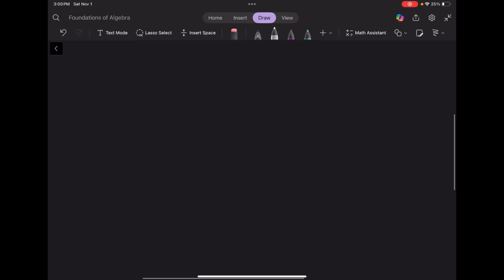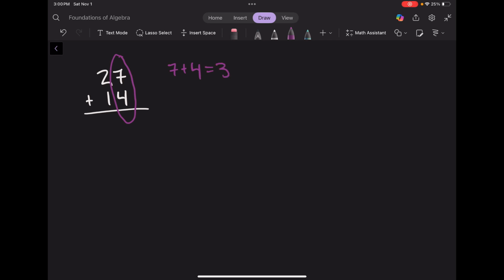So another thing I want to go over is when we have really big numbers that we don't feel like drawing a bunch of lines and figuring out what direction we're moving in. Let's take 27 plus 14, for example. First, I'm going to work on this side, and I'm going to ask myself what 7 plus 4 is, which is not 3.